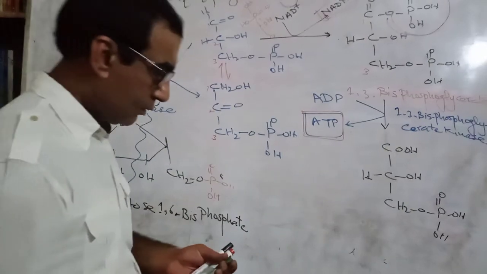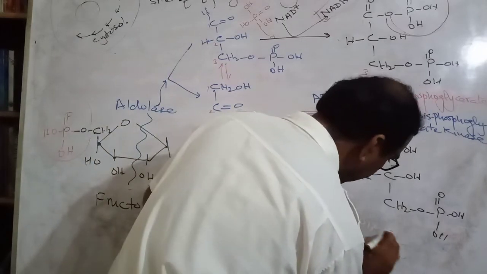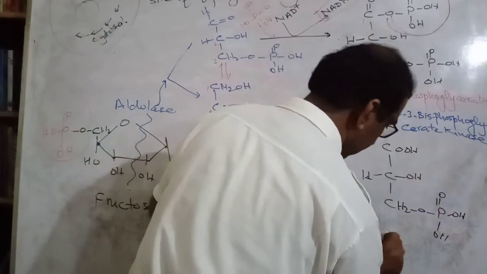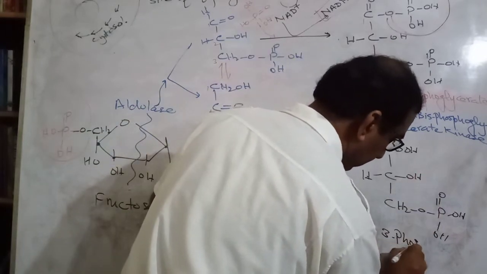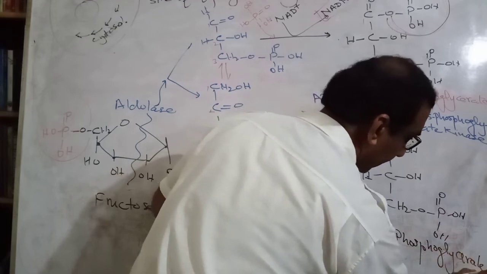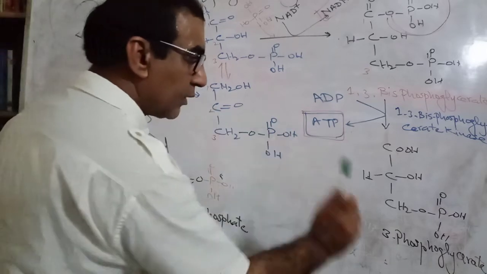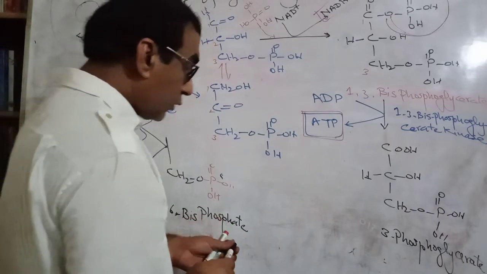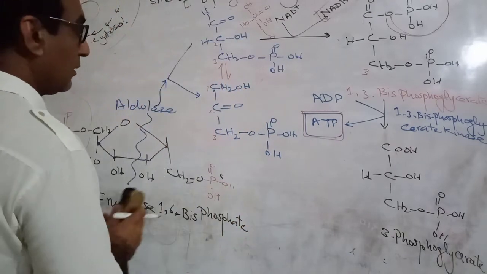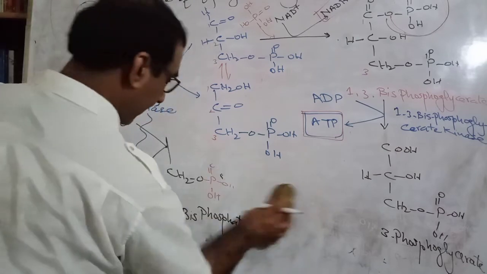Now, from 3-phosphoglycerate, what is formed? From 3-phosphoglycerate, 2-phosphoglycerate is formed.